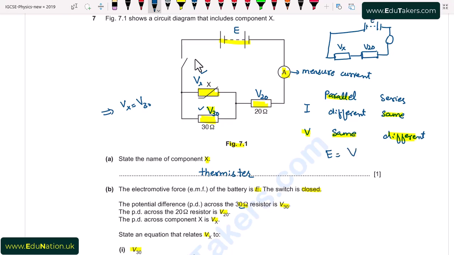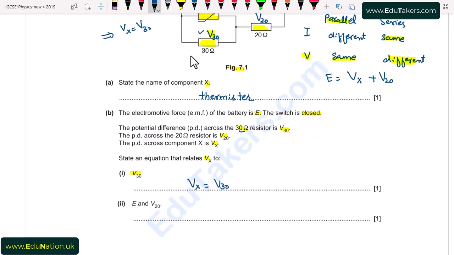to Vx, that is the potential difference across the parallel combination, plus V20. Here V20 is the potential difference across the 20 ohm resistor. Here we have to relate it. So I write here Vx will be equal to E minus V20.